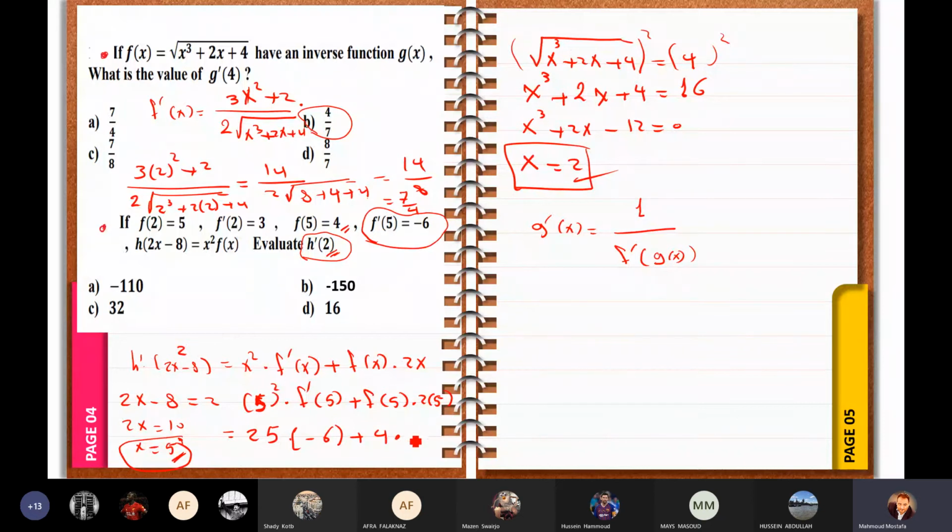Multiply 2 times 5 is 10. 25 multiply negative 6 is negative 150, plus 40. 4 multiplied by 10 is 40. So the answer must be equal to negative 110.